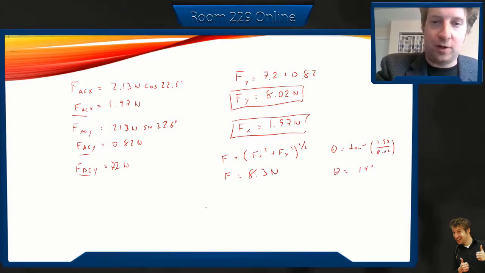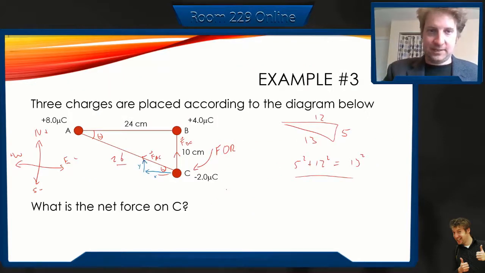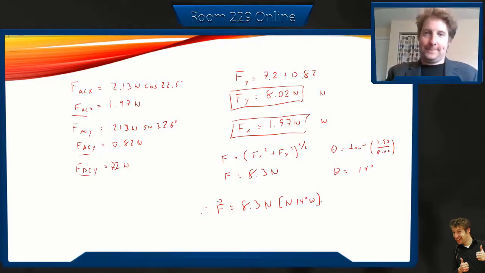So therefore, after all that work, my final force is going to be 8.3 newtons. This is in the north direction, and this is in the west direction. So it's going to be mostly north, and then 14 degrees west. Okay. There's my final answer.